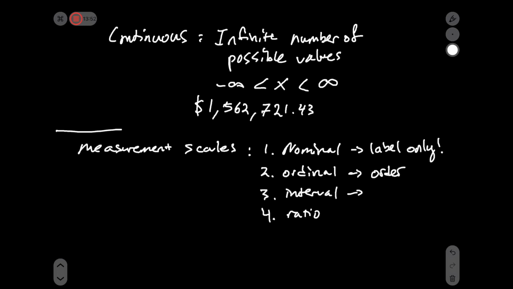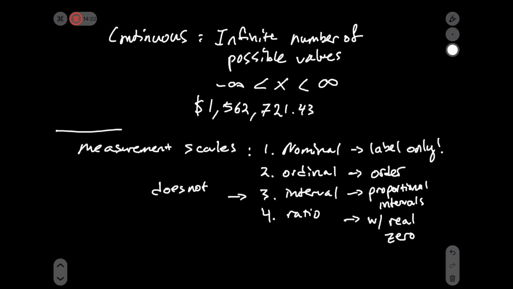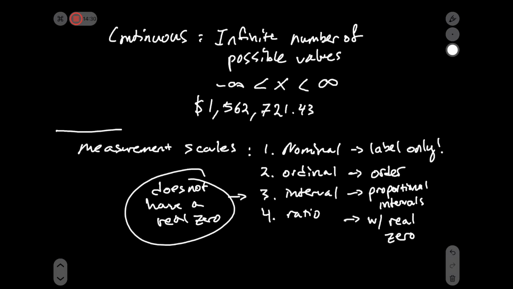Interval scale data has a label, it has order, but it's also got proportional intervals. And finally, ratio has all of that information from the previous 3, label, order, proportional intervals, but this time it's also got a real 0. Whereas interval does not have a real 0. It has an arbitrary 0.